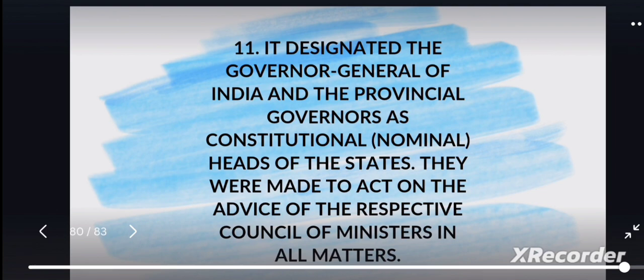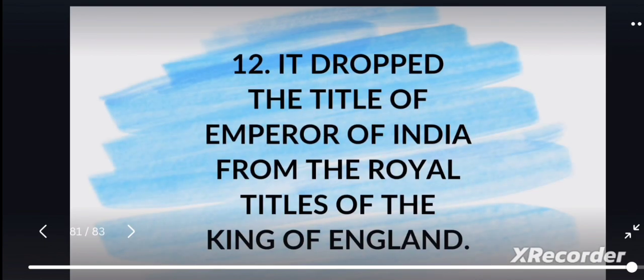It designated the Governor-General of India and the provincial governors as constitutional nominal heads of the state. They were made to act on the advice of the respective council of ministers in all matters. It dropped the title of Emperor of India from the royal titles of the King of England.